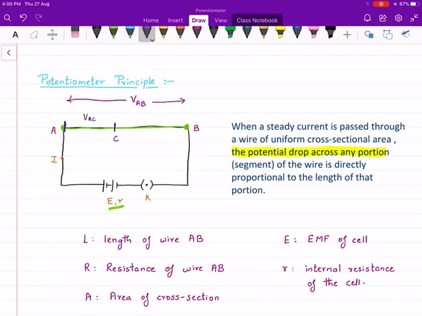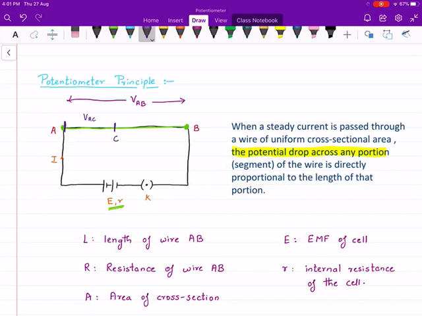The potential drop across the entire wire is VAB. Across AC, it is VAC. So according to this principle, the potential drop across any portion is directly proportional to the length of that portion.